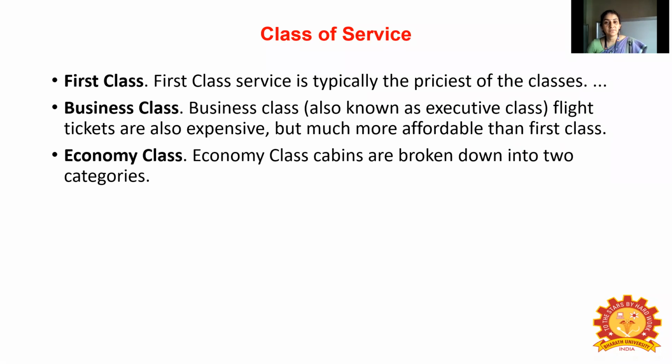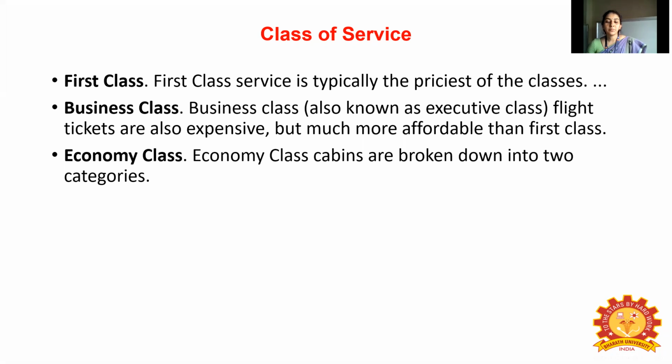And the classes of service: what are the basic classes of service offered within a flight? First class, business class, and economy class. Now, there should be an understanding that first class doesn't exist in most of the airlines nowadays. But initially, when the airlines came into existence, this class of service was available.